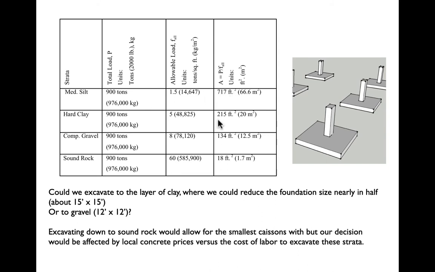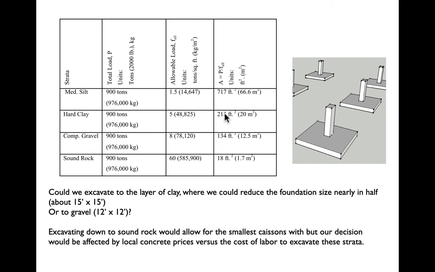Now, if we go to hard clay, we find that the foundation size for a spread footing is only 215 square feet, or about 15 by 15. That's certainly doable, and it means that we only have to dig pits that are 15 feet square, plus a little bit to get down there and get the formwork installed.